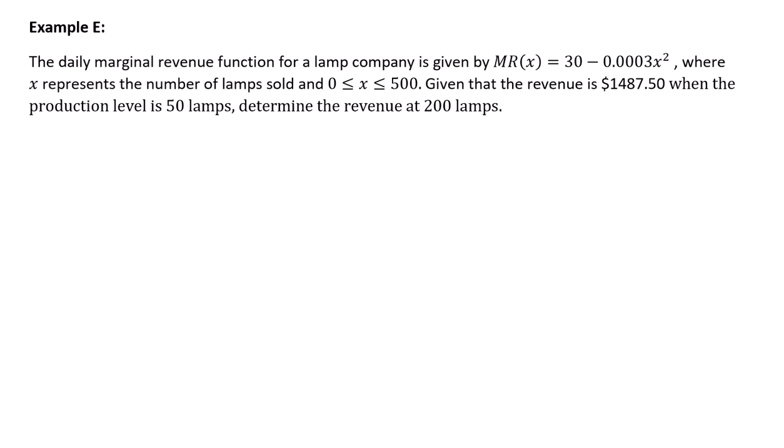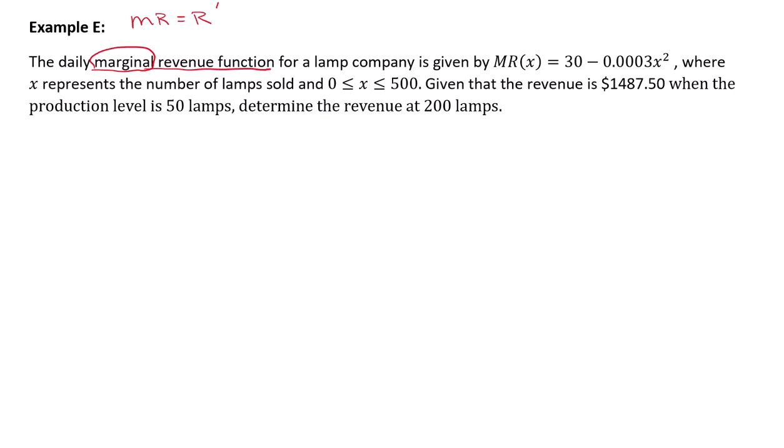So now let's take a look at example E, the daily marginal revenue function. Remember, marginal revenue function, we can call that MR, as we learned before, is the same thing as the derivative of the revenue function. So the marginal revenue function for a lamp company is given by MR of x equals 30 minus 0.0003 x squared.